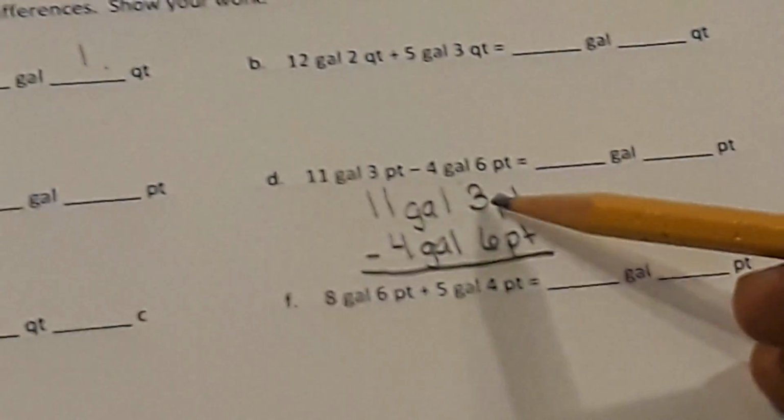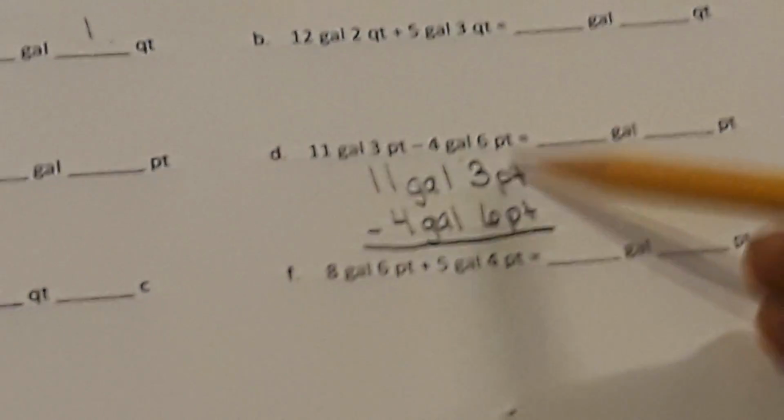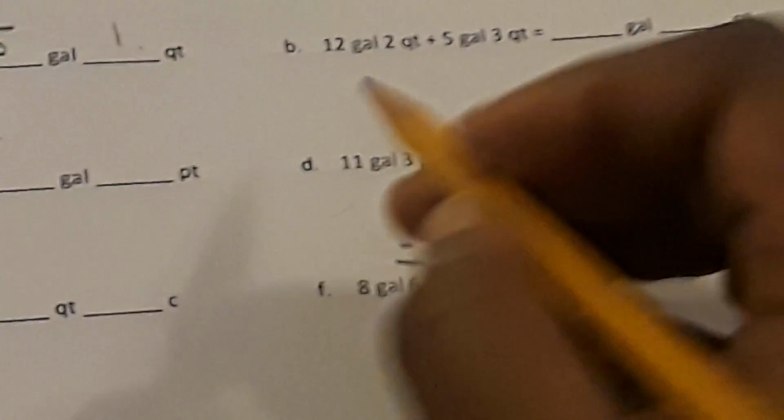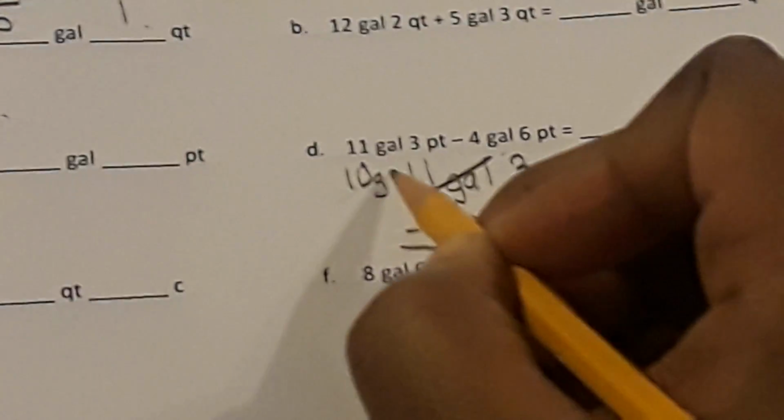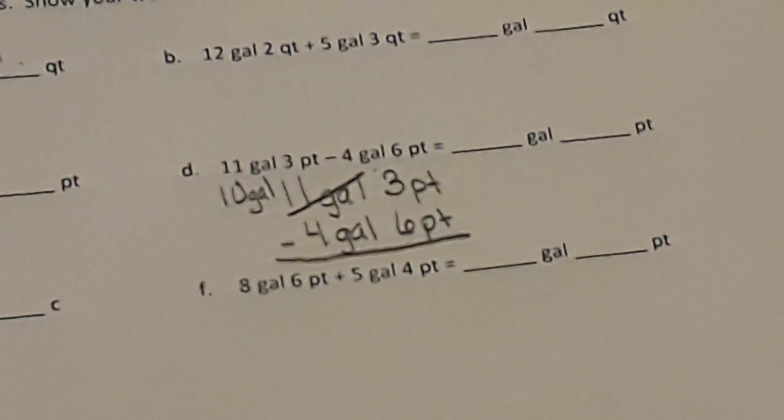Then because you cannot take 6 pints out of 3 pints, you need to borrow pints from here, which means we're borrowing 1 gallon, and there are 8 pints in a gallon.